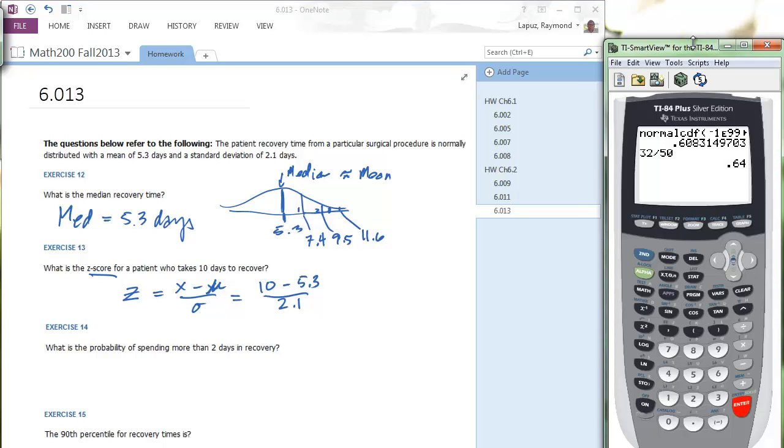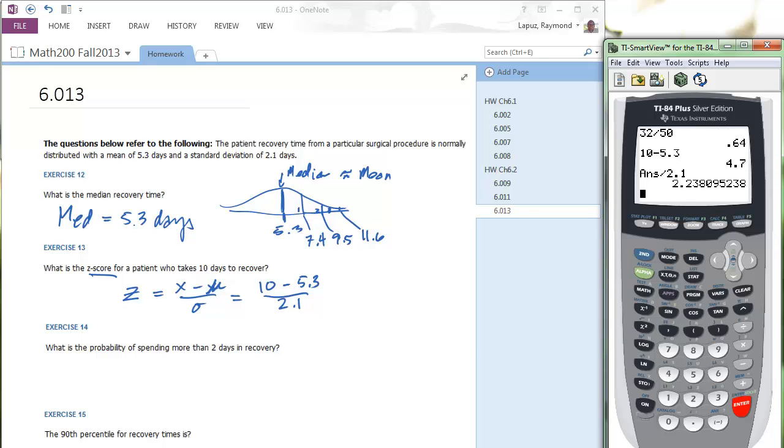Now we just have to be careful with our calculator. If we do the numerator first, we can't just go from here and divide by 2.1. If you do your calculator work like this, the calculator will take 5.3 divided by 2.1 first, and then 10 minus that. So a way to skirt around this is to just hit enter here and then hit divide by 2.1, and that'll give us our answer.